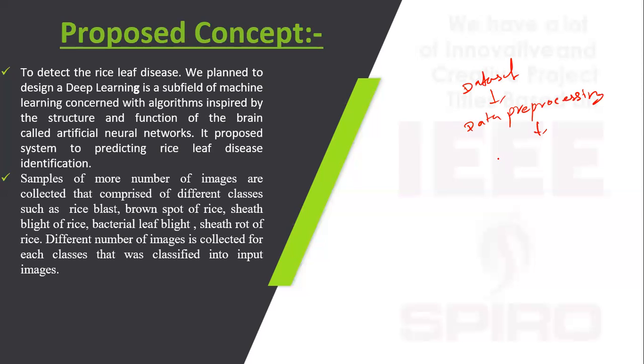After pre-processing, we build a CNN neural network model. After building it, we train the data on the deep learning model, which means a deep CNN. We train that data for the CNN, and after training, we create the deep learning model.